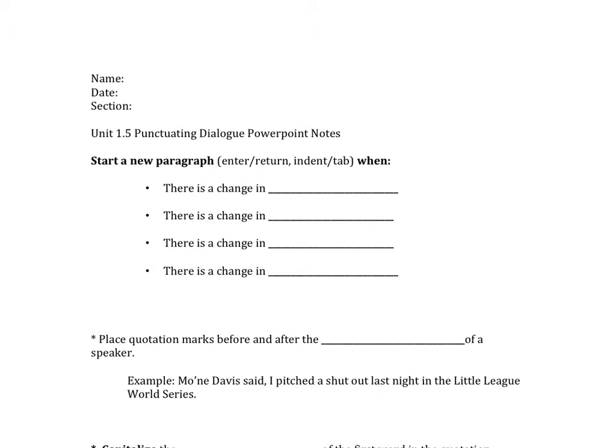You go to a new paragraph when there is a change in speaker. For example, if your character Bob is speaking and then all of a sudden Grace says something, then that whole sentence, when Grace begins speaking, needs to move to a new line and be indented because it's a new speaker.